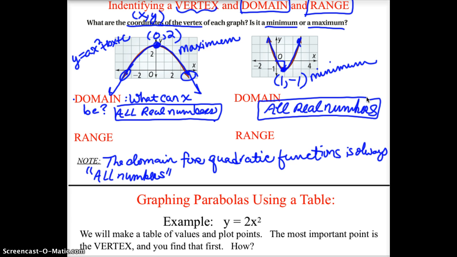When we're asked about the range, that's what comes out of the function, or what is y, what can y be, or what's the output. That actually is restricted here because for parabolas we have what's called maxes and minimums. The best way to get the range is to draw kind of like a fake fence through the vertex and decide if the parabola lives above or below the vertex.